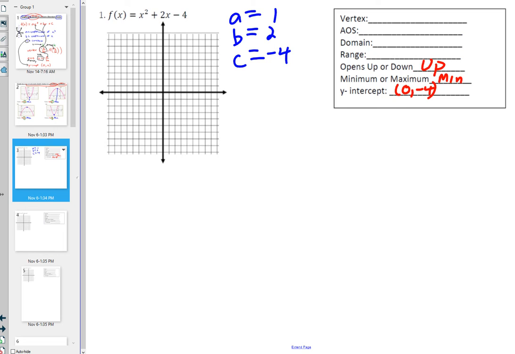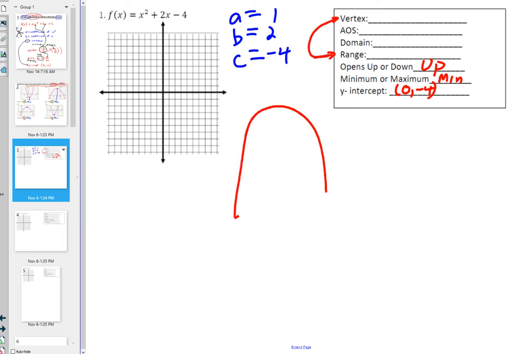Okay. Now let's move on to domain and range, more specifically domain. We should already know that domain means what are all the x's on a function. Range means what are all the y's. Of all these questions, probably the last one you're going to answer is range, because range is dependent on the vertex.